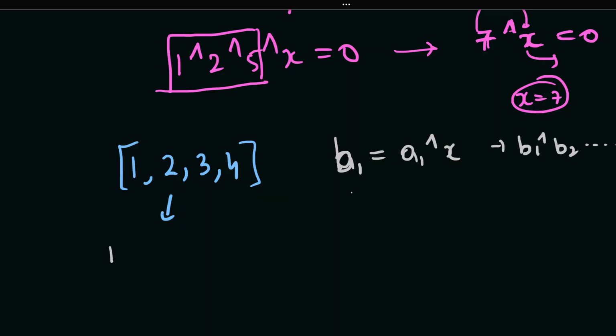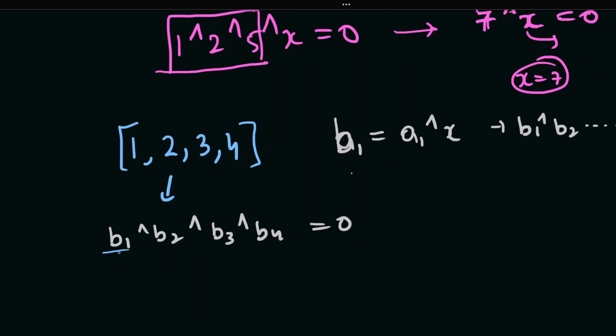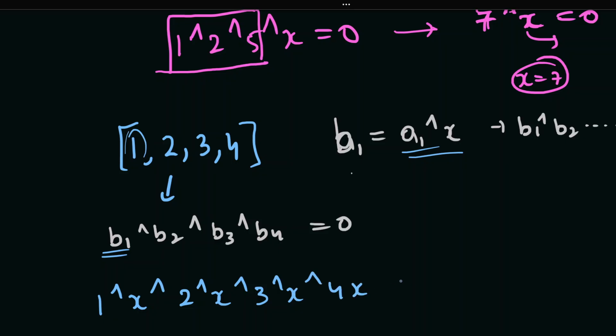So b1 XOR b2 XOR b3 XOR b4 is equal to 0. What is b1? a1 XOR x, and a1 is 1, so it is 1 XOR x. b2 is 2 XOR x. Similarly 3 XOR x, and 4 XOR x should be equal to 0.